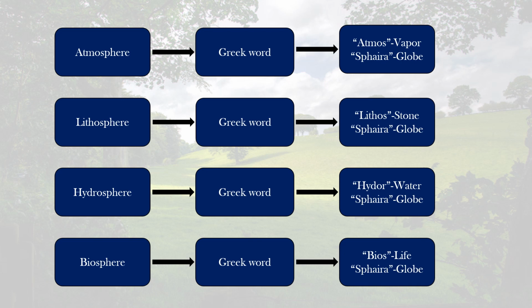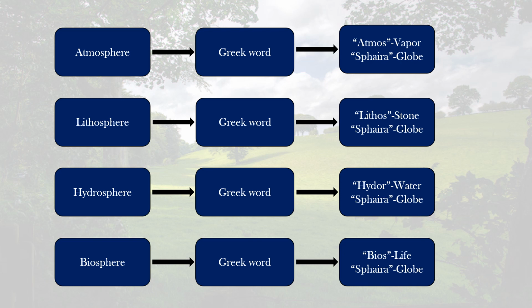Hydrosphere, it's the water that is present in all forms around us, and it is also derived from Greek. The word hydor means water, and spira means globe. The water that surrounds our globe is the hydrosphere.